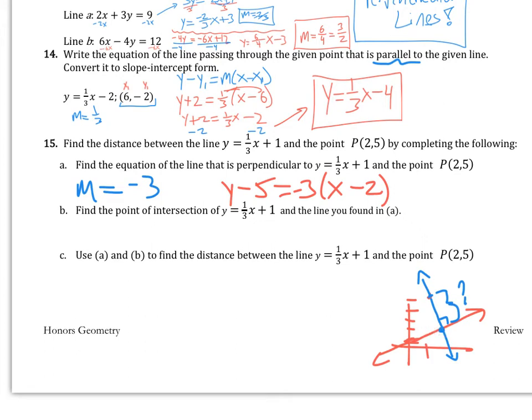Well, to find the point where they cross, the point of intersection, we've got to solve the system. So we're going to take what we have here. We know that y is equal to 1/3 x plus 1, and we're going to put in for y right there. Again, not a lot of room going on here, but we'll do the best we can.